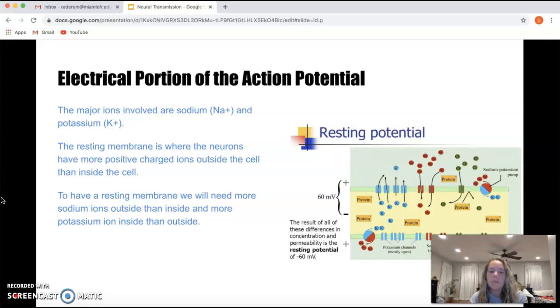To have the resting membrane, we will need more sodium ions outside than inside, and more potassium ions inside than outside. And I know it's kind of wordy, so if you look at the picture to the side, it shows and demonstrates what that means.